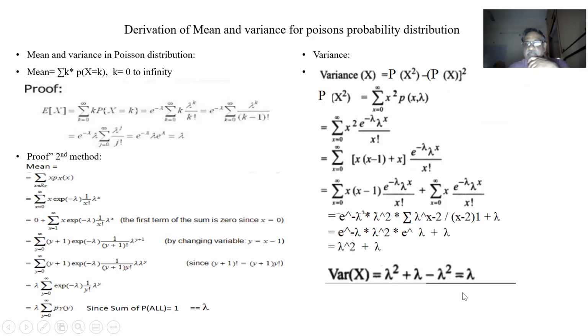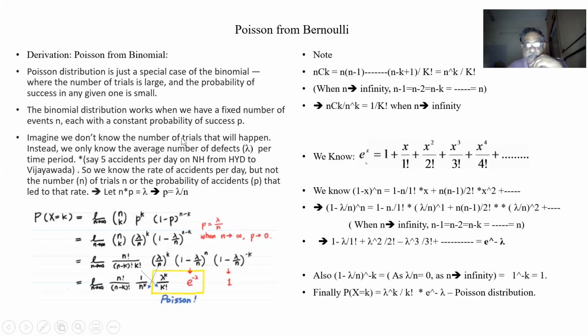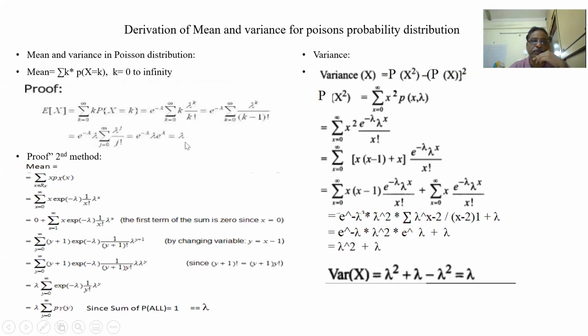It is the same as my variance. But in the binomial, mean is np, probability is p, mean is np. Here lambda is also np. Basically lambda is what? n into p, which we have seen here. Lambda is nothing but n into p.